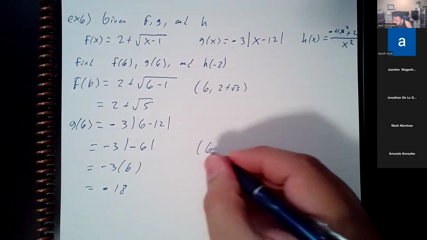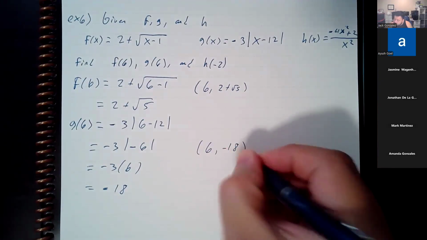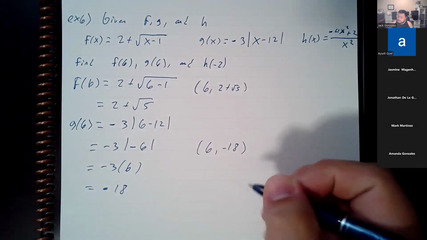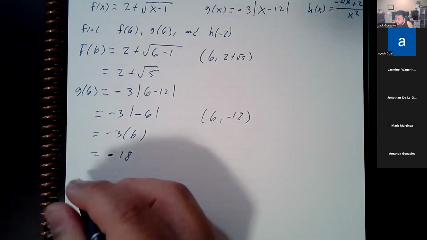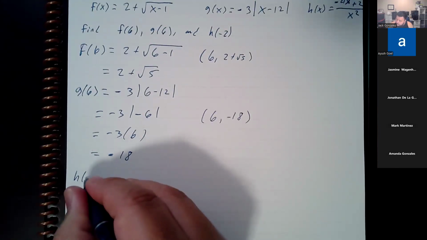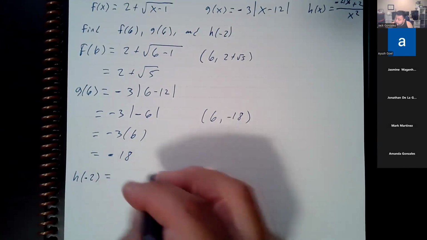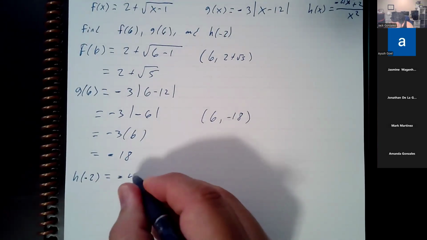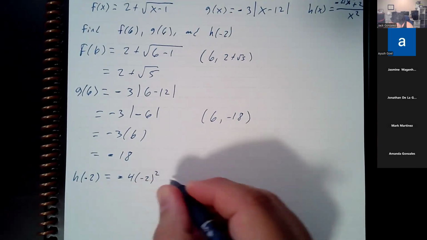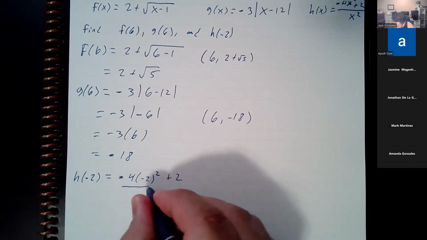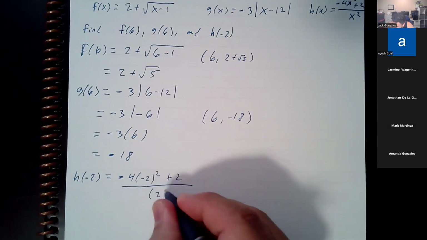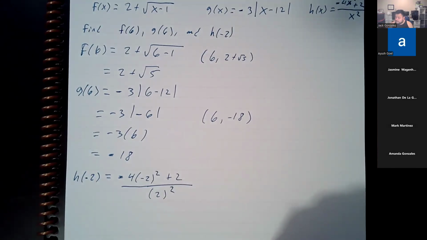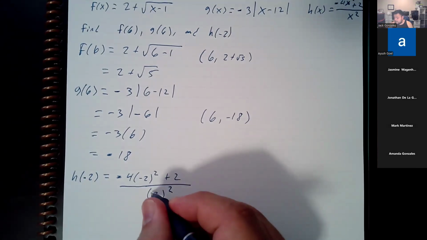This is the point 6 comma negative 18. h of negative 2 is going to be negative 4 times negative 2 plus 2 over 2 squared, negative 2.